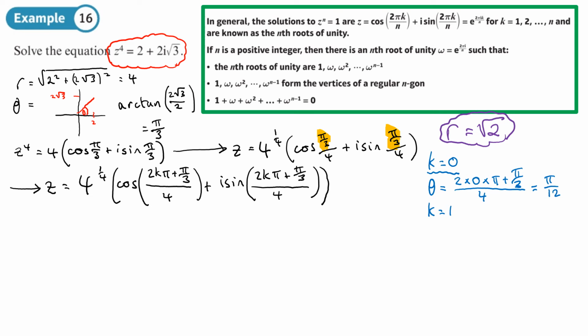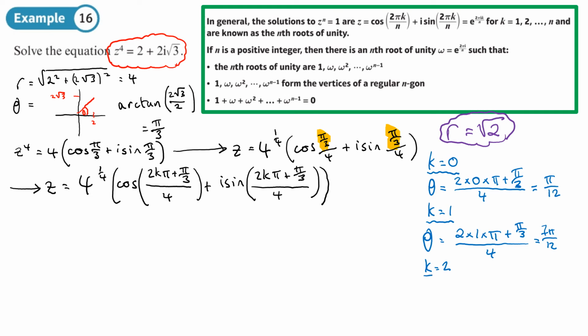For number 2, let's make k equal to 1. So 2 times 1 times pi plus pi over 3, all divided by 4. That's 2 pi plus a third pi, so 7 pi over 3 divided by 4, which is 7 pi over 12. These are both in the range, so that's fine.